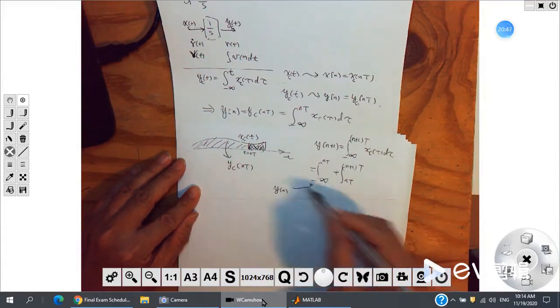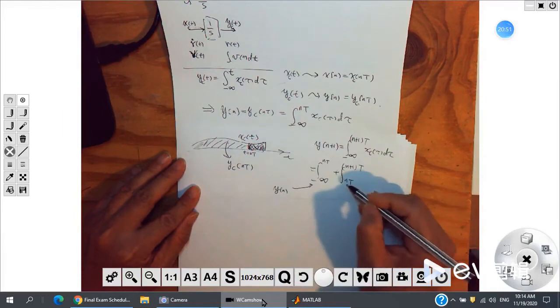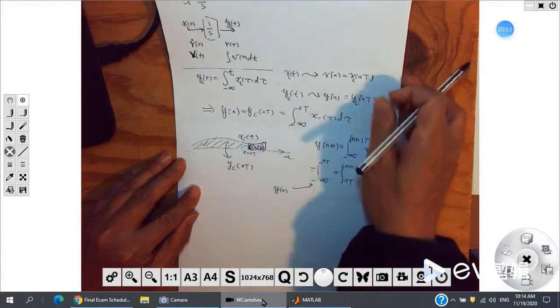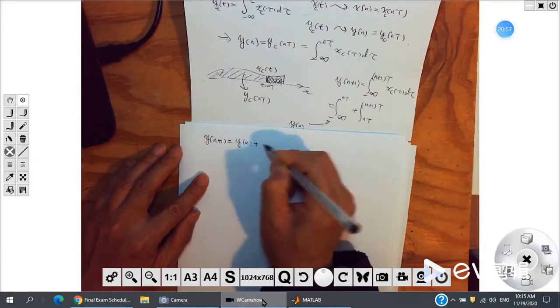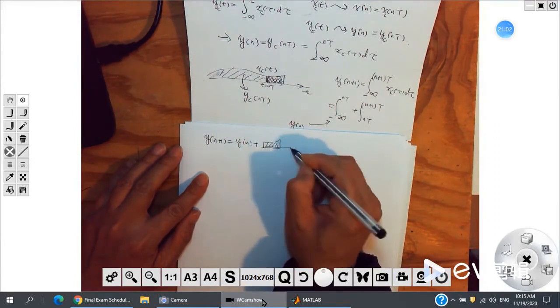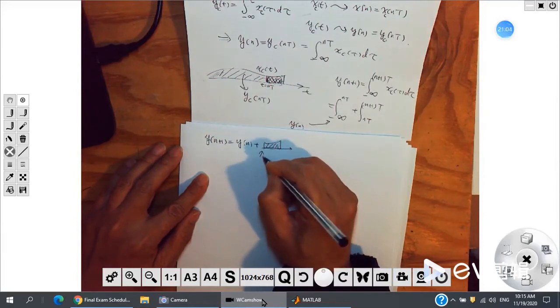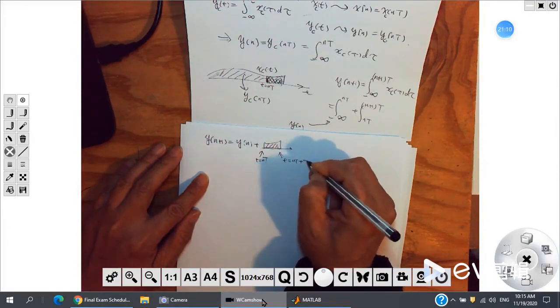Yes, y of n, plus this part. What is this part? It is y of n plus the area of this part. I just use a graph to represent it, here t equals nT, and here t equals nT plus T.